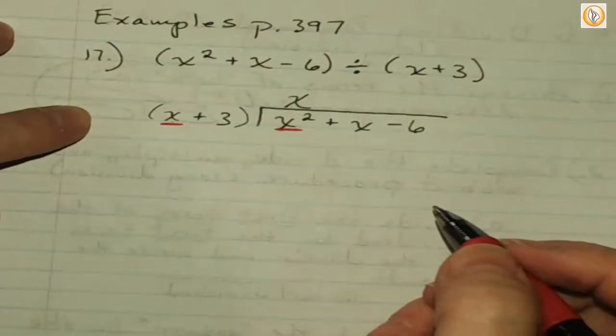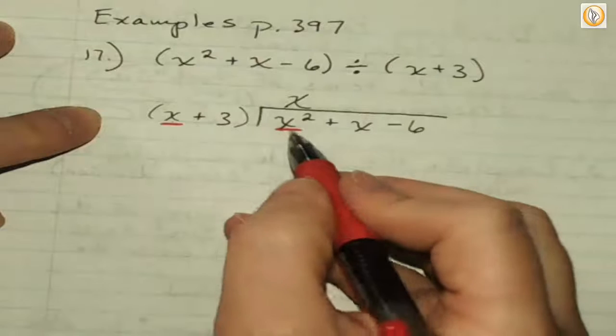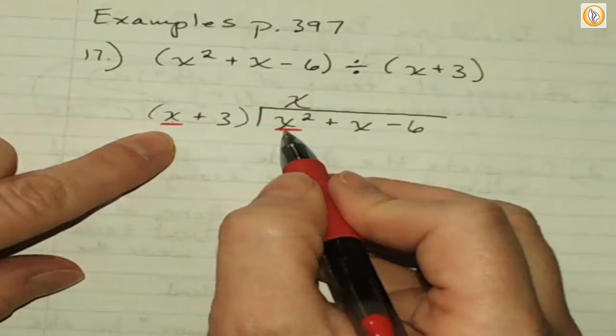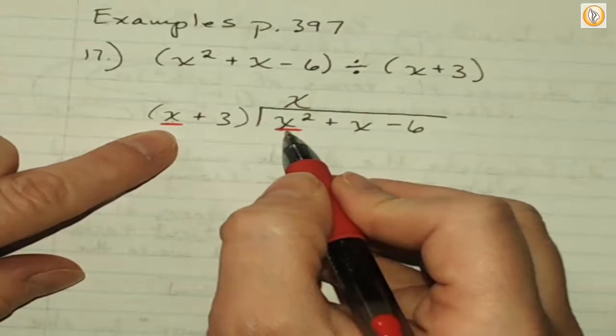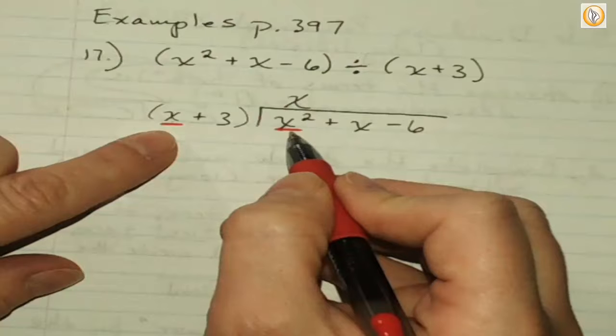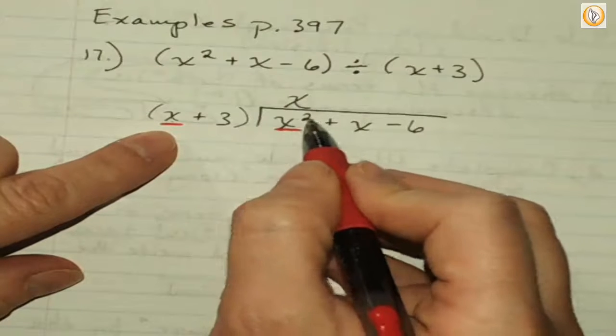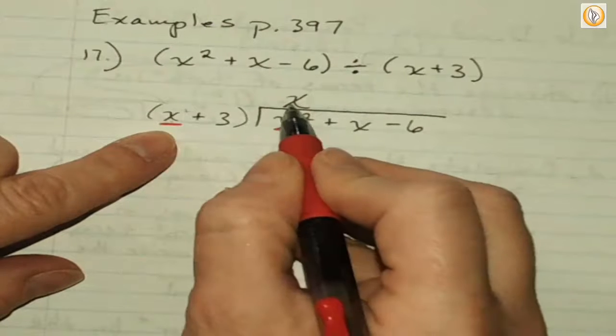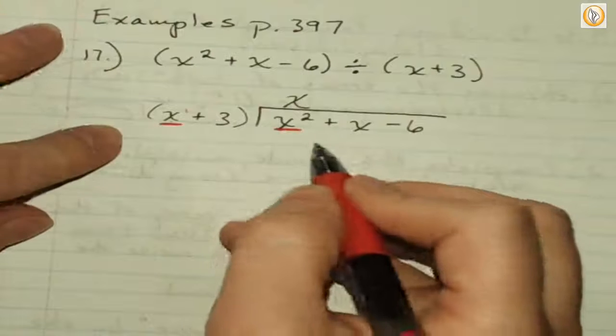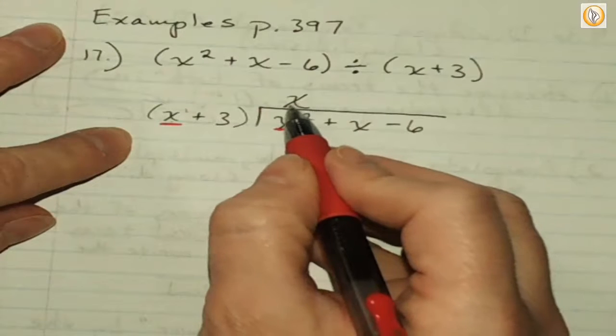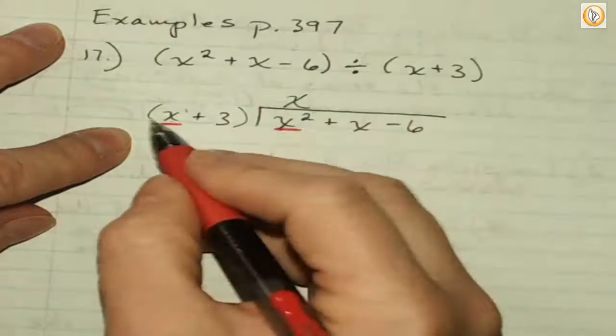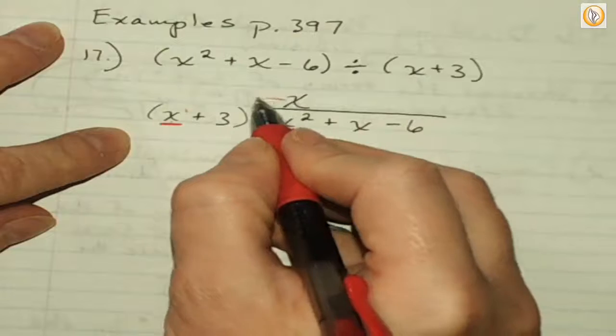That's right. If we're dividing and the bases are the same, our exponents are subtracted, right? So it's 2 minus 1. Okay? All right. So now we multiply this answer by everything in the divisor.